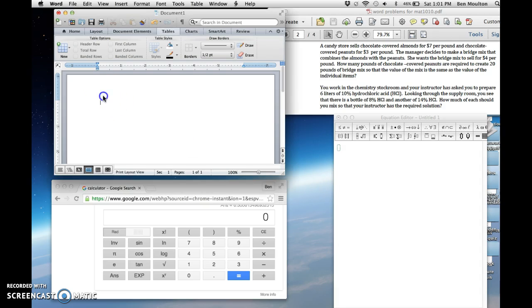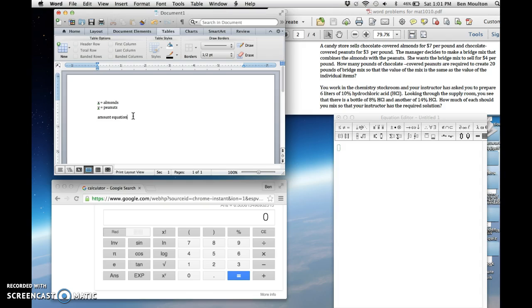I'm going to do this with two variables. For this candy problem, let x be the chocolate-covered almonds, and let y be the peanuts. What we're going to do here is create an equation, and I like to call it the amount equation.